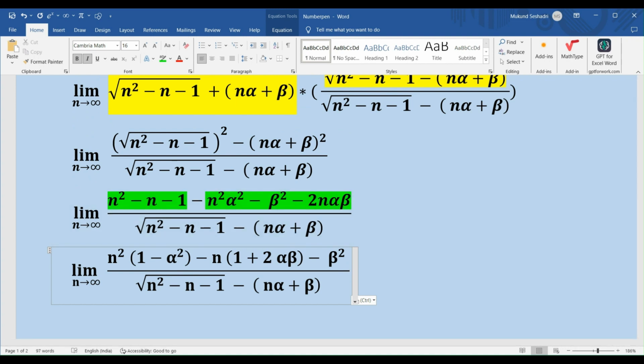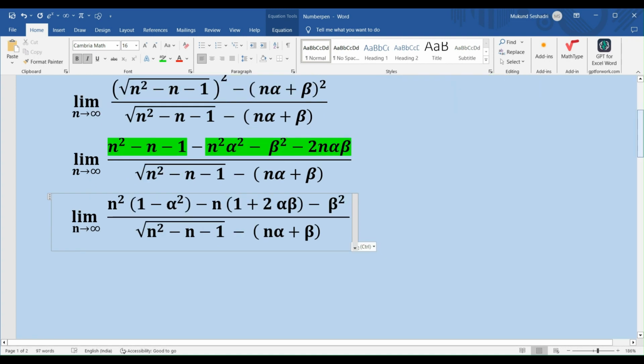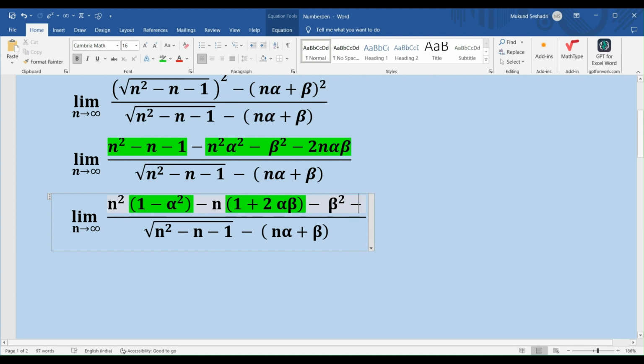Once I do the rearrangement, take a closer look at what we have in the numerator. The coefficient of n square is 1 minus alpha square. The coefficient of n is 1 plus 2 alpha beta. And then I have minus beta square minus 1, right? So that's what I have in my numerator.